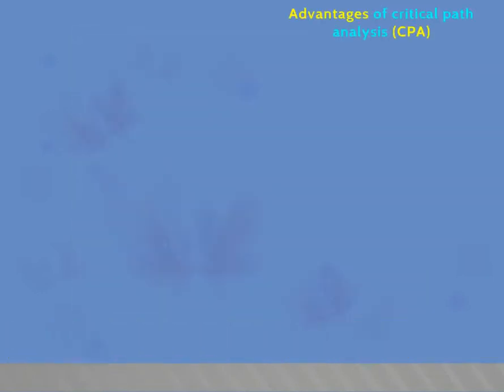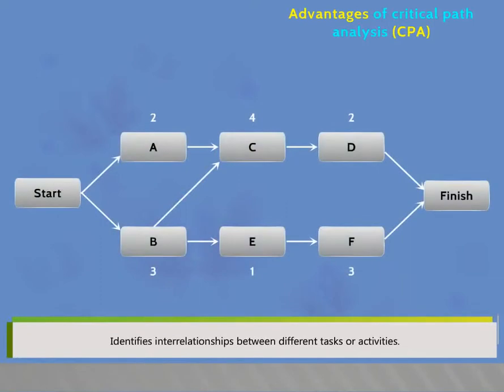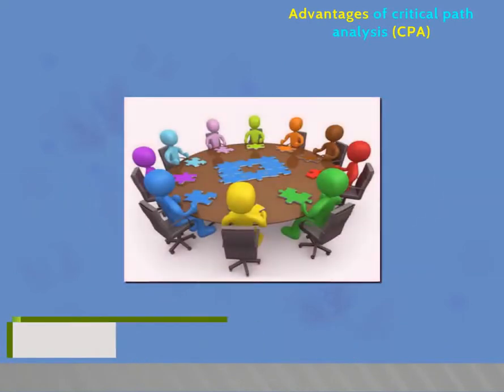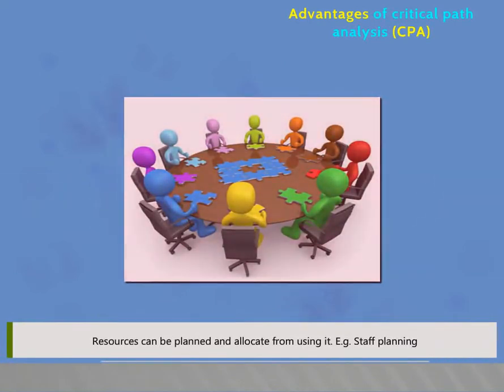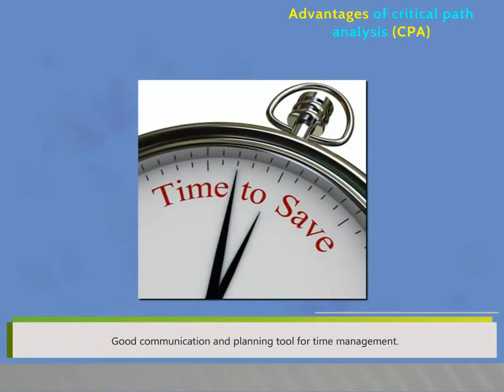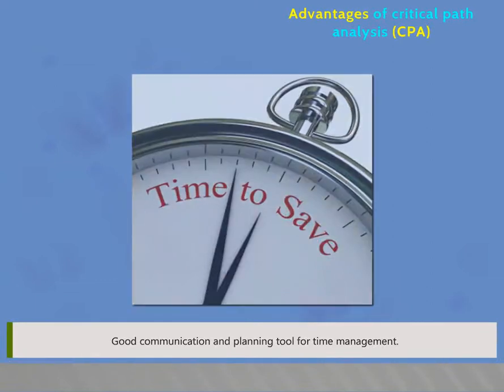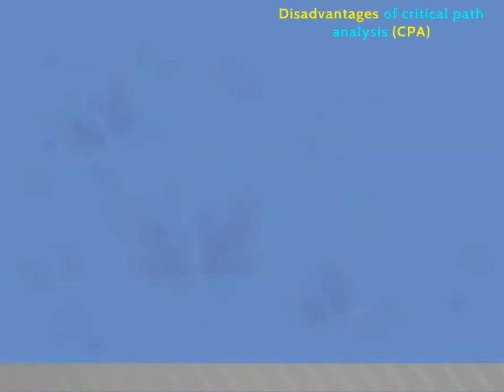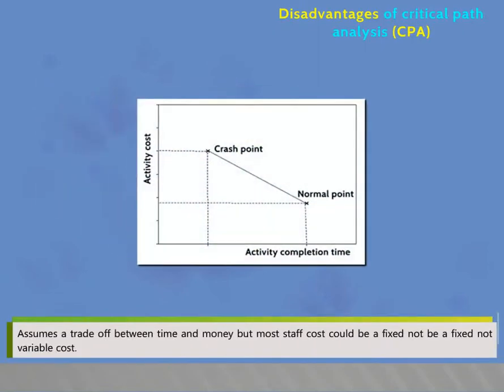Advantages of critical path analysis (CPA). It identifies interrelationships between different tasks or activities. Resources can be planned and allocated from using it, for example, staff planning. It is a good communication and planning tool for time management. Disadvantages of critical path analysis (CPA).